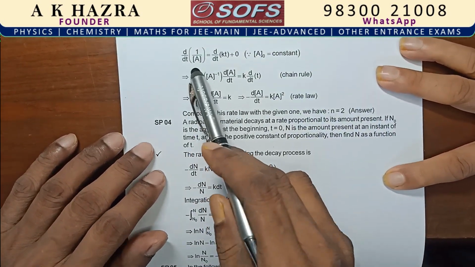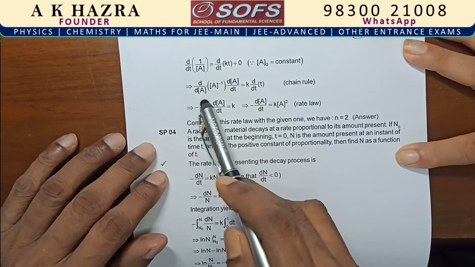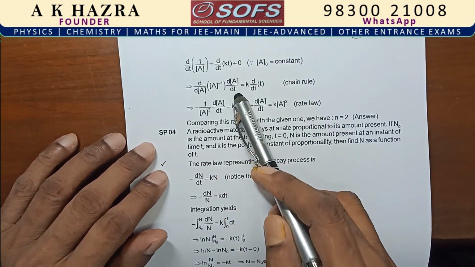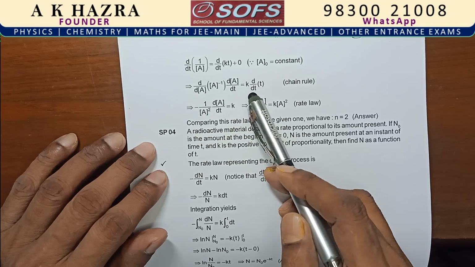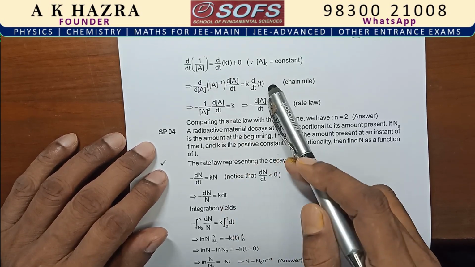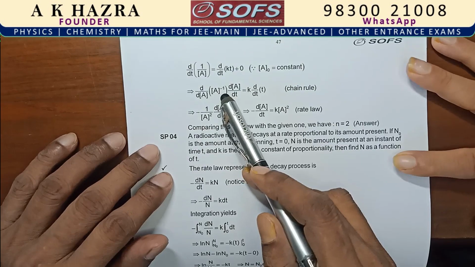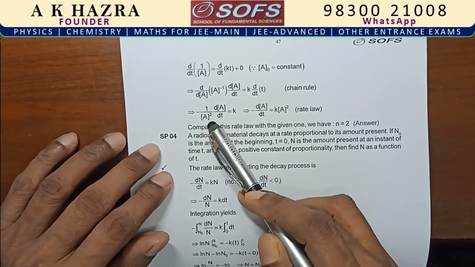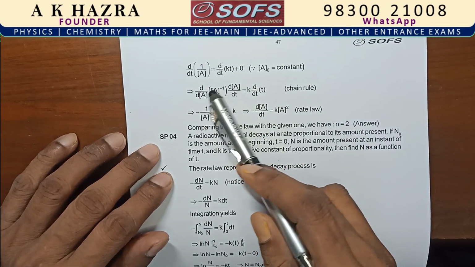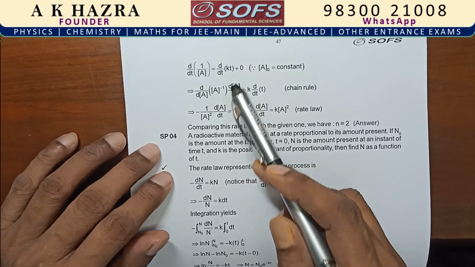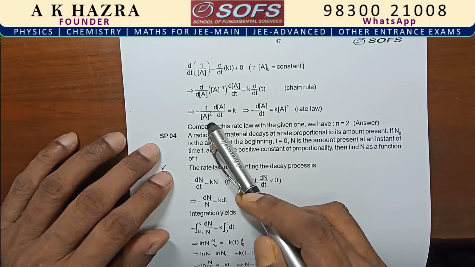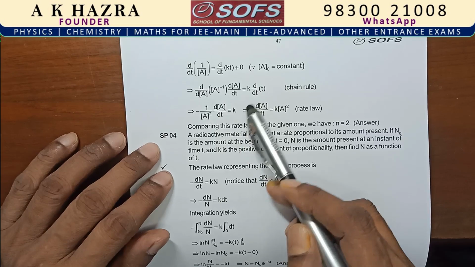Now, by the chain rule, d[A]/dt is equal to k, constant taken out, d/dt of t. Now it will be minus 1 by [A] squared, you know, minus [A] to the power minus 2. So minus 1 by [A] squared d[A]/dt is equal to k.